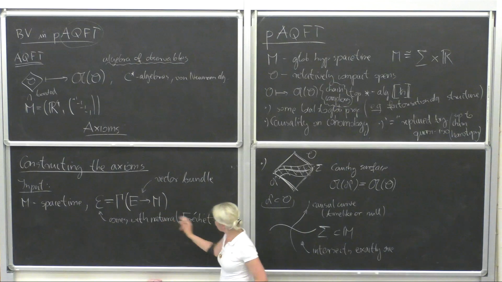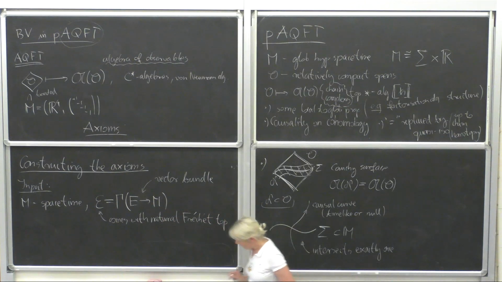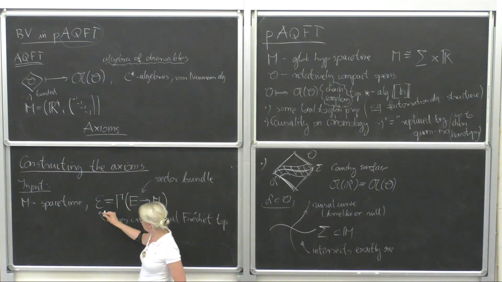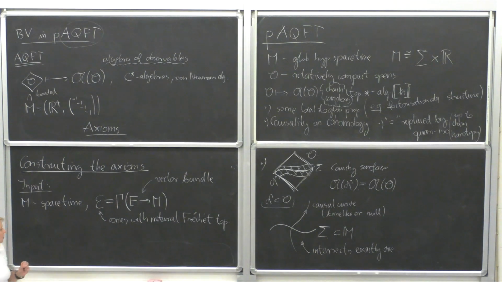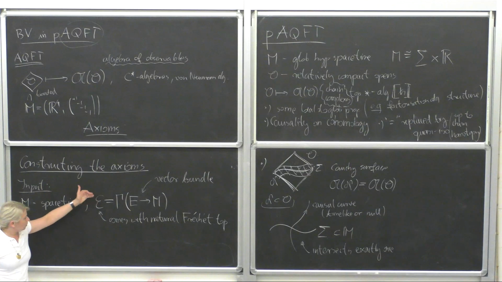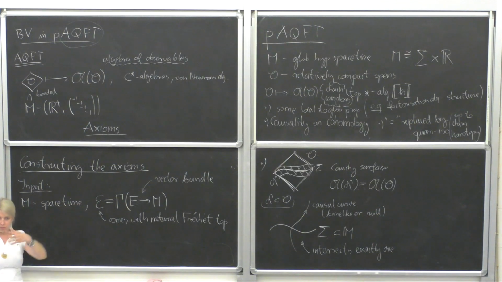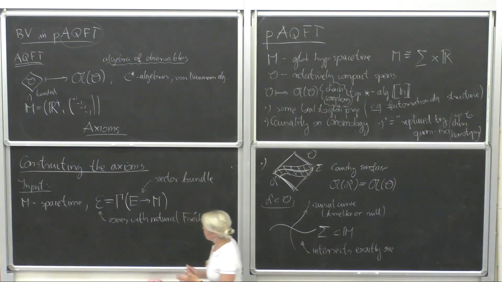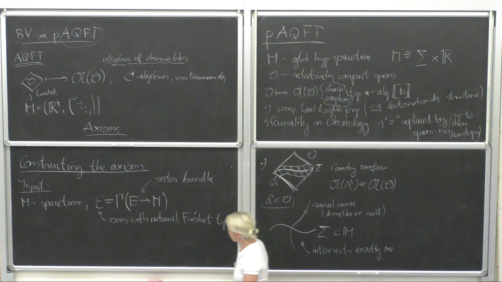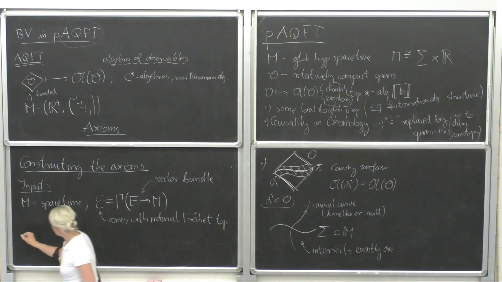Okay, so this comes with the natural Fréchet topology. So that's going to be useful for trying to say what it means to have functions on it that are differentiable, smooth, and so on. So it's not completely irrelevant. Okay, so what else do I need? Maybe I should write the examples.